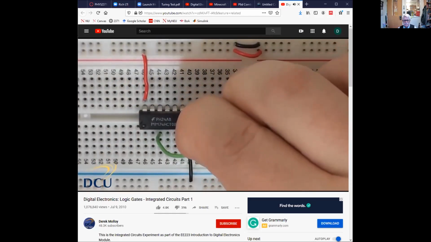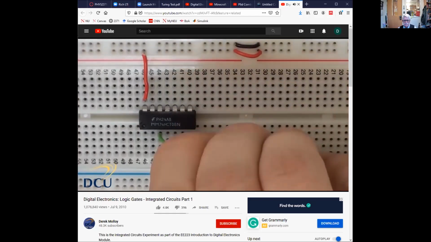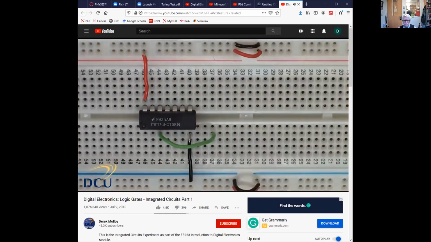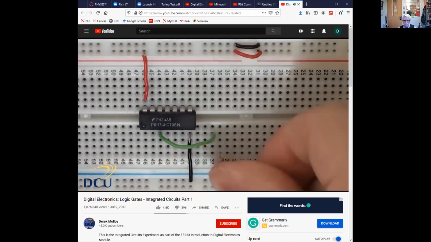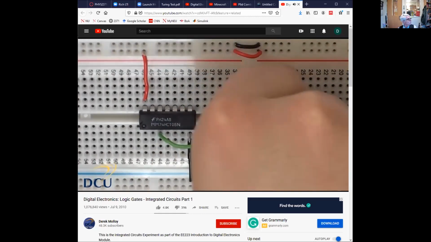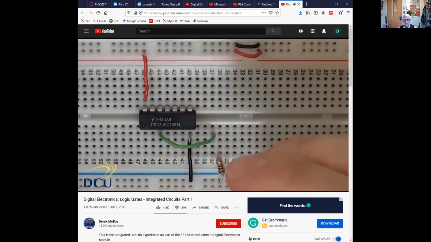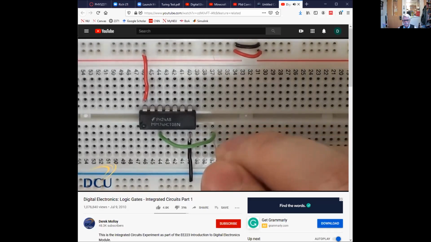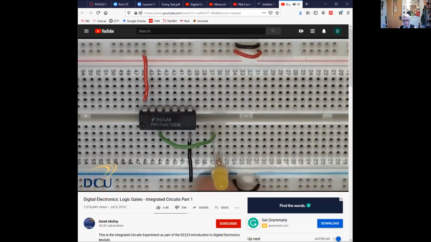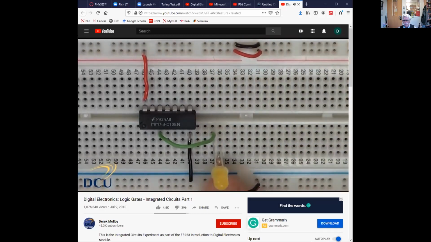I'm going to bring the LED over here, and I'll just use a small resistor tied to ground as before, and then we just bridge that. Again, remembering the longer leg is the positive, it is connected to pin 3, and the shorter leg is connected to ground through the little resistor.